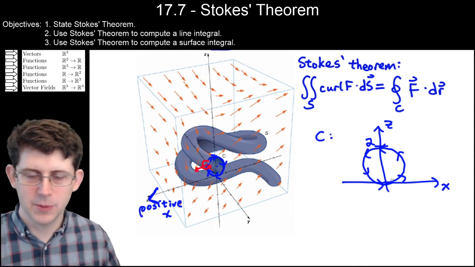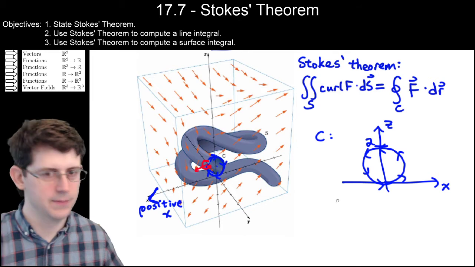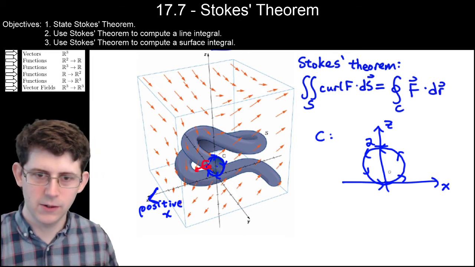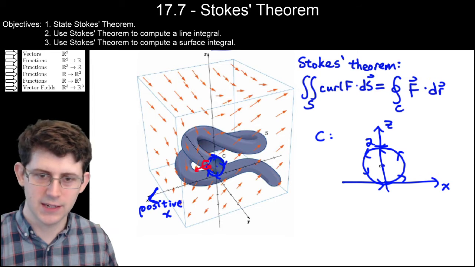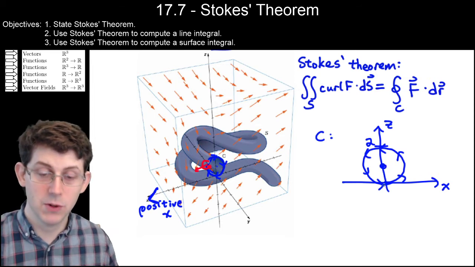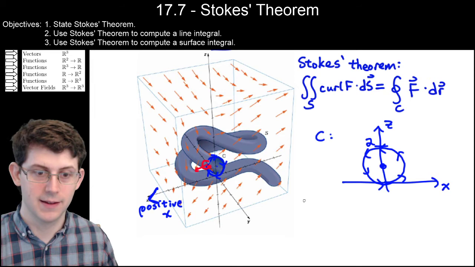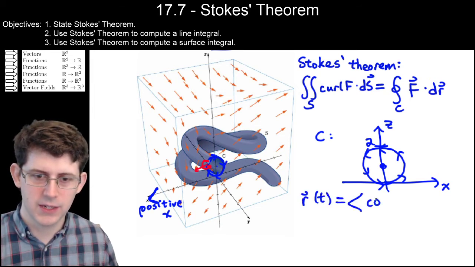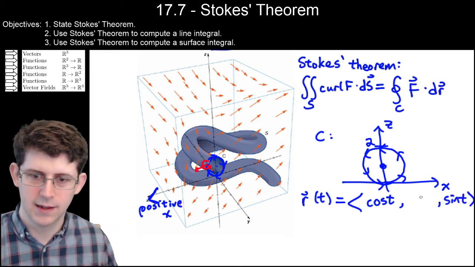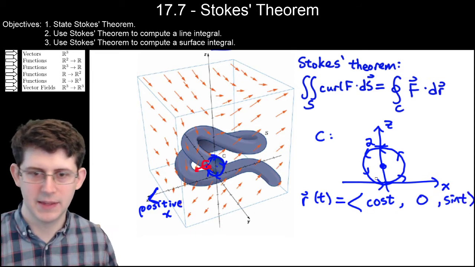Okay, how do you parameterize a curve like this? Probably the easiest way is to say, this looks like just a regular old unit circle because it has a radius of 1, except somebody moved it up the z-axis by 1. So I start with cosine t, sine t. Y is 0, I'm in the xz plane.